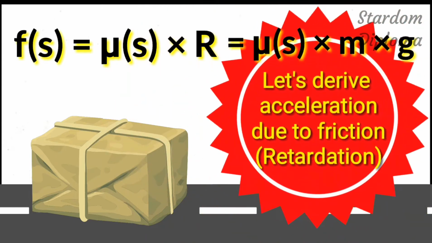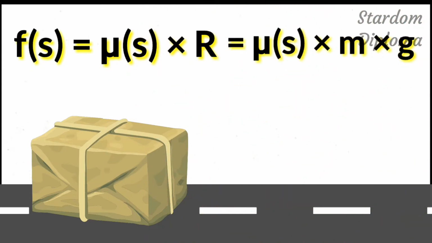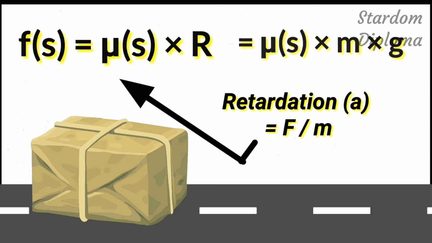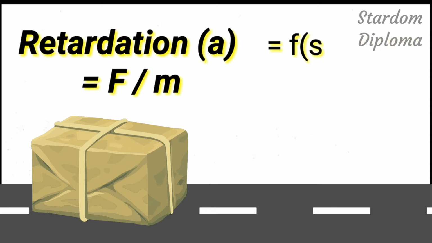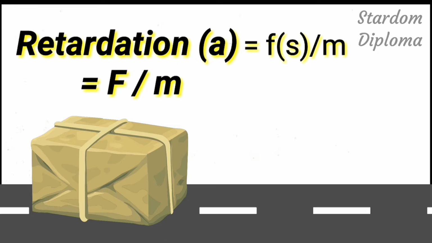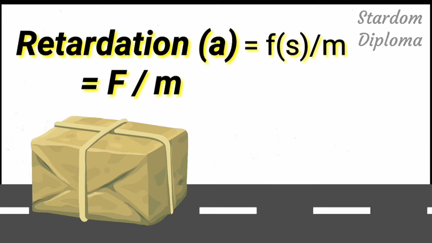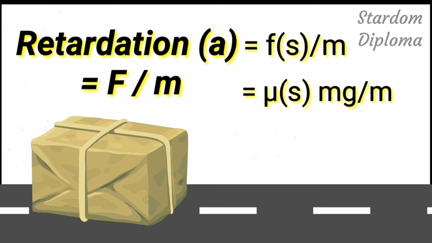So now let us find the retardation. Retardation will be equal to retardation force divided by mass. Here the retardation force is the limiting friction, so Fs divided by mass. We found the value of Fs: Fs is mu s mg. So retardation will be equal to mu s mg by m.